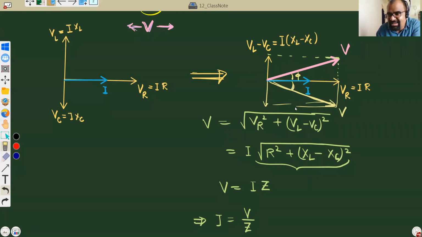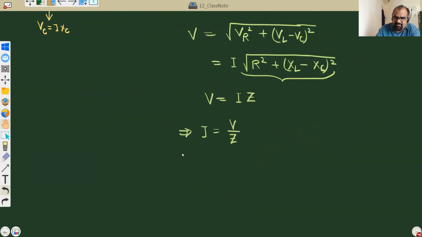So here voltage is lagging if VC was greater, but if VL is greater, then this is the shape of the diagram. So tan phi will be this by this. Now this is nothing but VL minus VC, and this is nothing but VR, and I will get cancelled out.